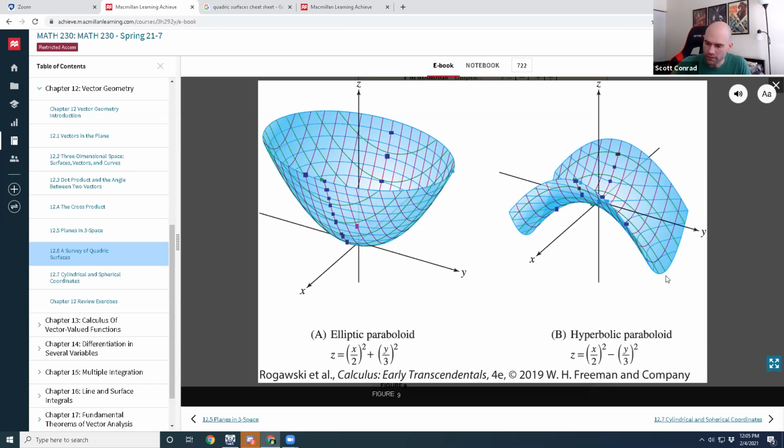The blue ones are z equals k. Those are your hyperbolas. The green ones are going to be x equals k. Those are the downwards facing parabolas. And then the magenta ones are y equals k. Those are the upwards facing parabolas. And that's how this all kind of fits together.